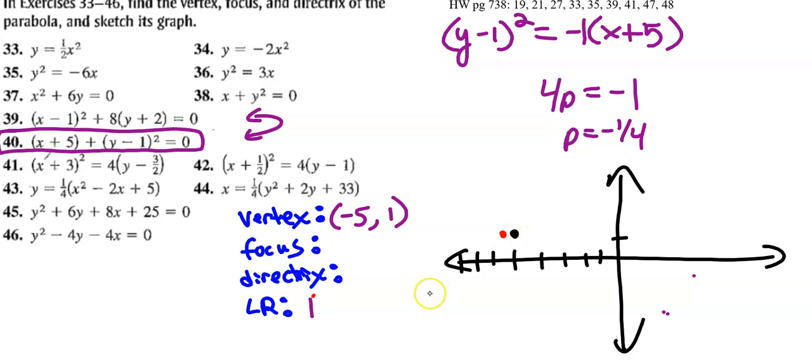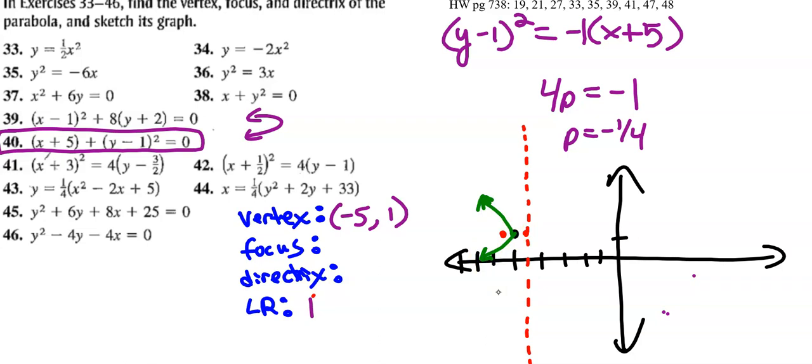And that's where our focus is, right there. Then we're going to go to the right 1/4. And this must be where our directrix is. And then 4p equals 1, so you go 1/2 above and 1/2 below, and that's what your parabola is going to be opening up like. If this were on a piece of graph paper, you could see a little bit more accurately there.